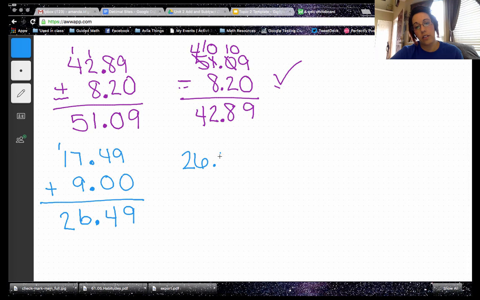26 and 49 hundredths. Subtract 9. Put our decimal in. Annex our zeros.